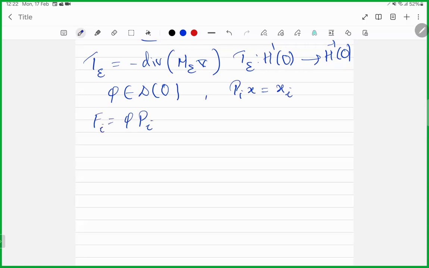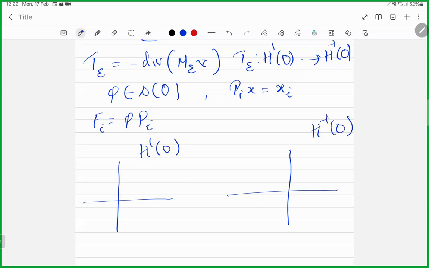Now this Pi is actually in H1, but not in H10. If I think of this as H10, I can think of this as H minus 1 of O. So we start with phi Pi here, which is actually my Fi. This is for each fixed i.